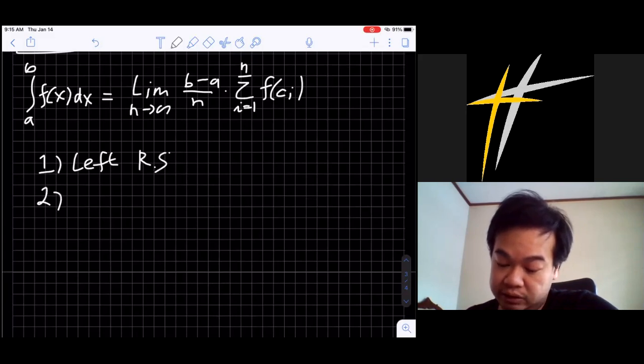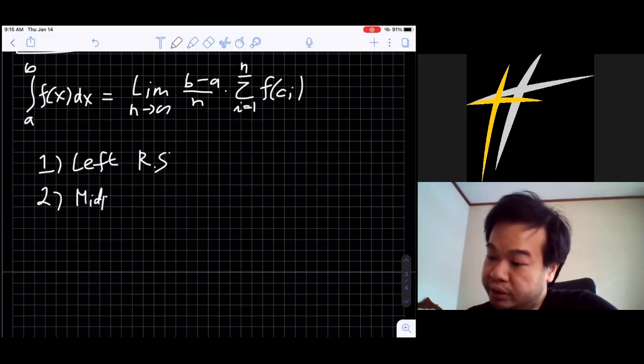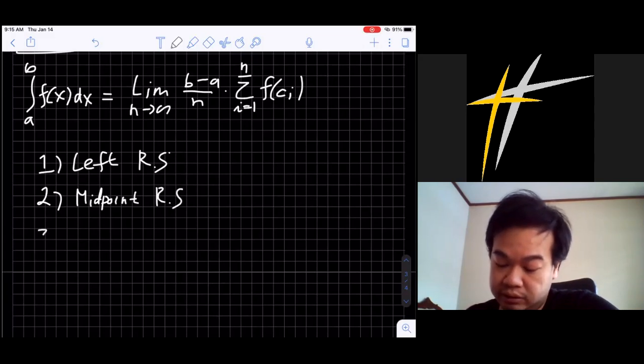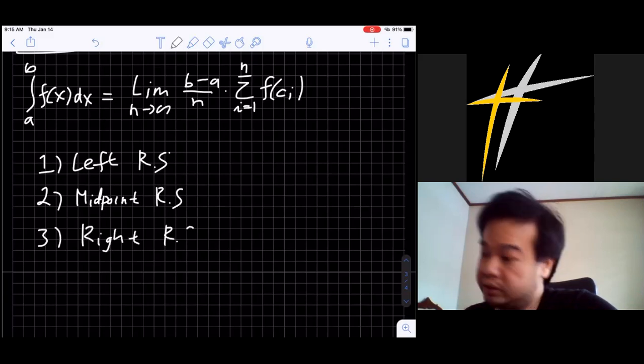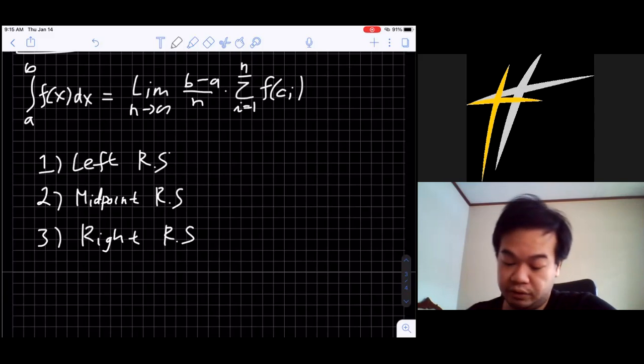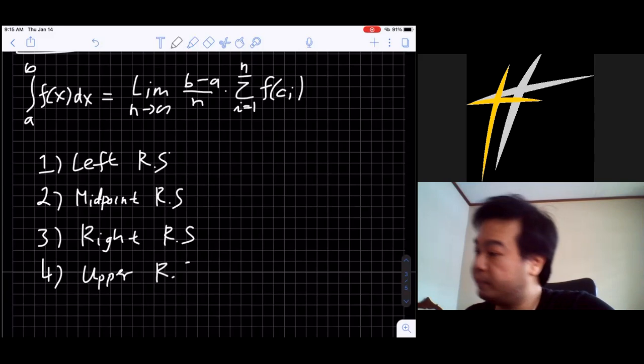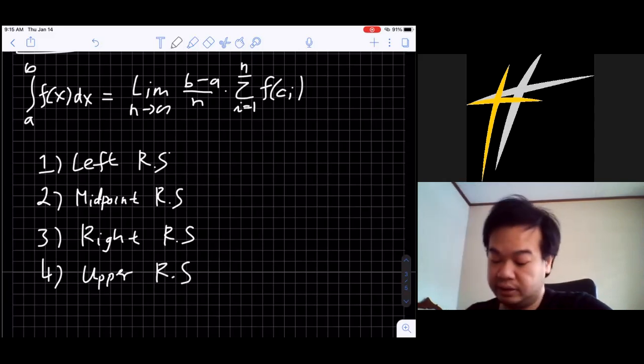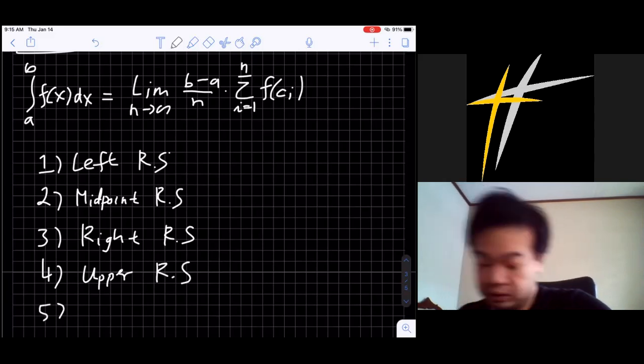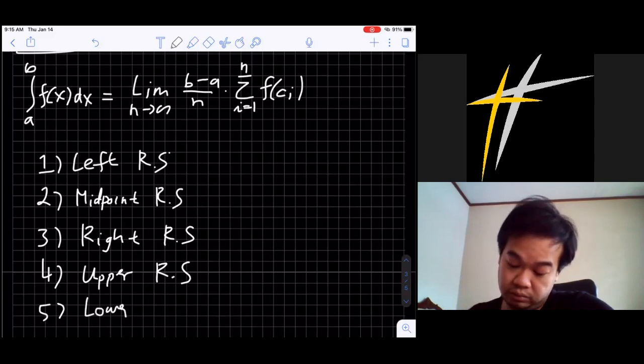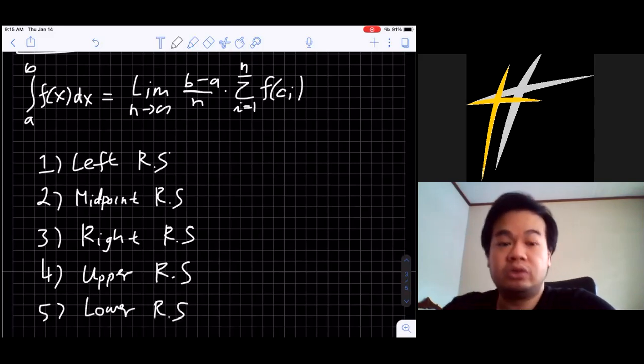The second one is midpoint Riemann sum. The third one is right Riemann sum. The fourth one is upper Riemann sum. And the last is lower Riemann sum.